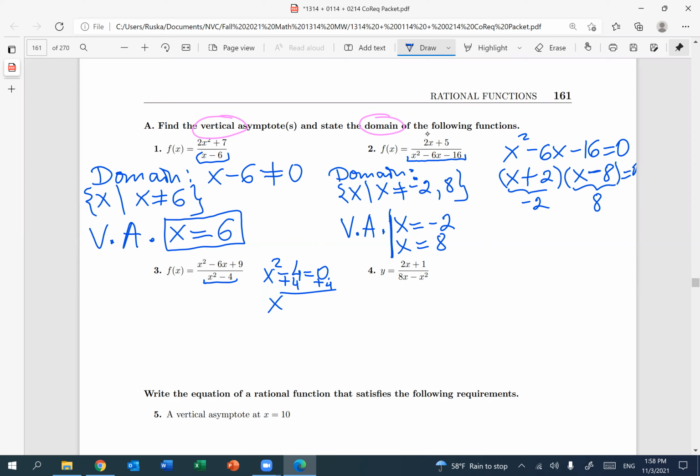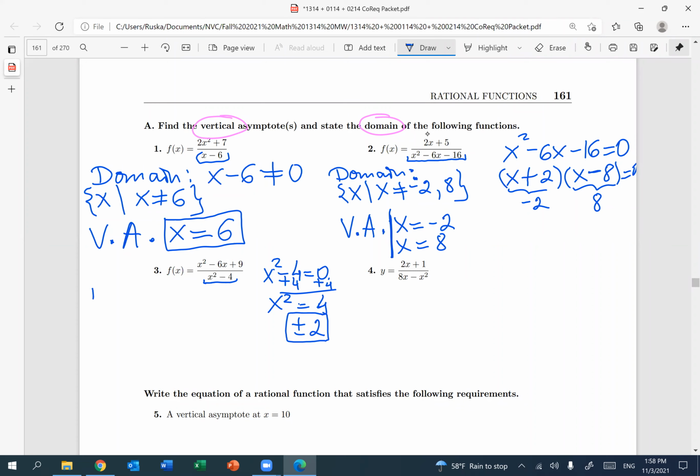So I have x squared equals 4 and that gives me x equals plus or minus 2. Because 2 times 2 is 4, and also negative 2 times negative 2 is also 4. So that's why you have positive or negative 2.